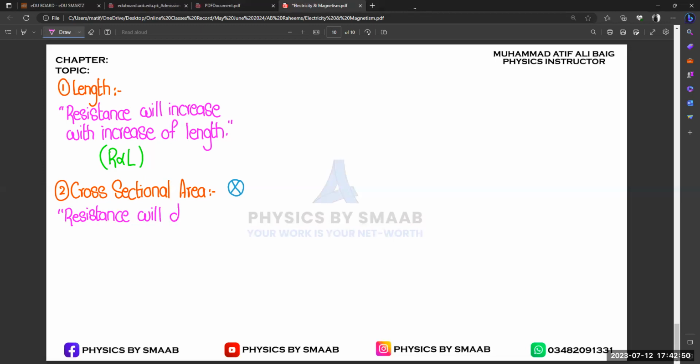So one quantity is decreasing, it means the second quantity is increasing. Sorry, cross-sectional area.